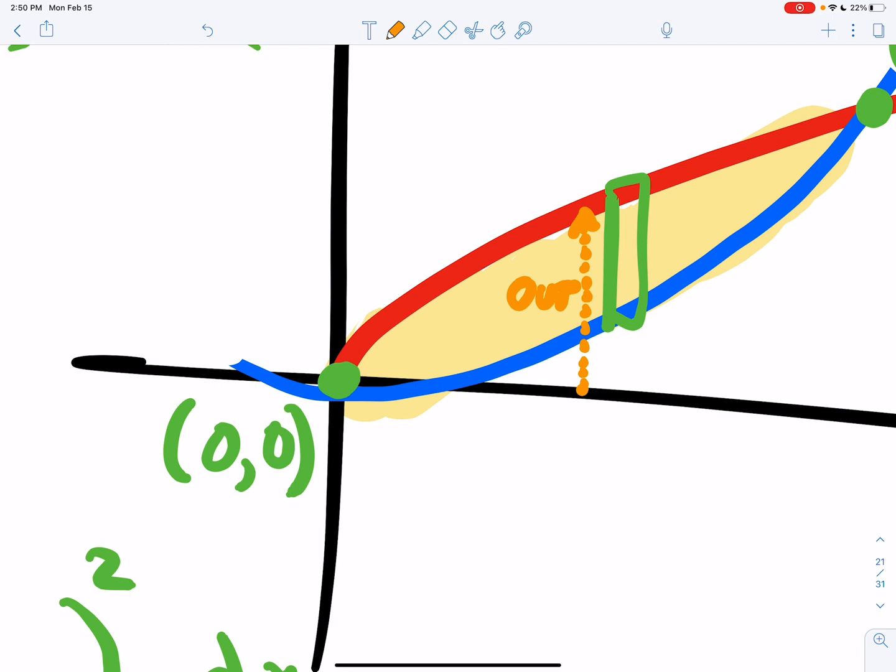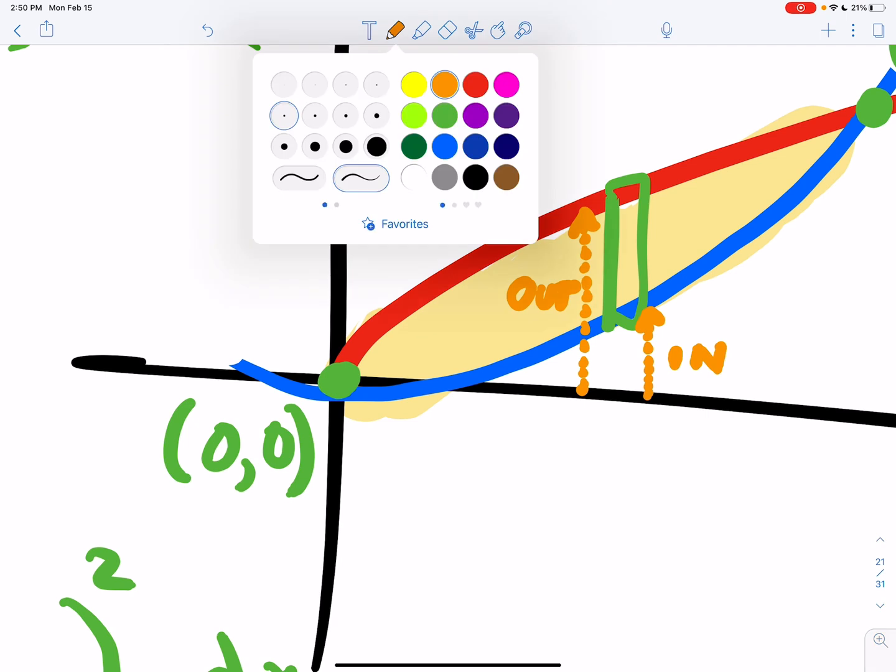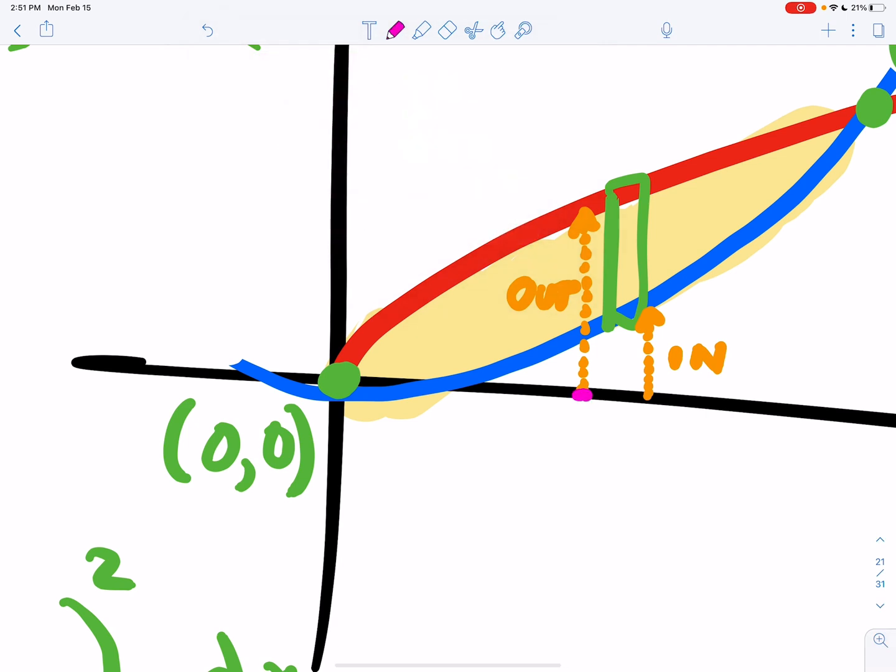Then I start somewhere else. When I'm about to enter the region, I stop there. That'll be my inside radius. So when I go from the x-axis all the way up here, it hits the red function, which is the square root.